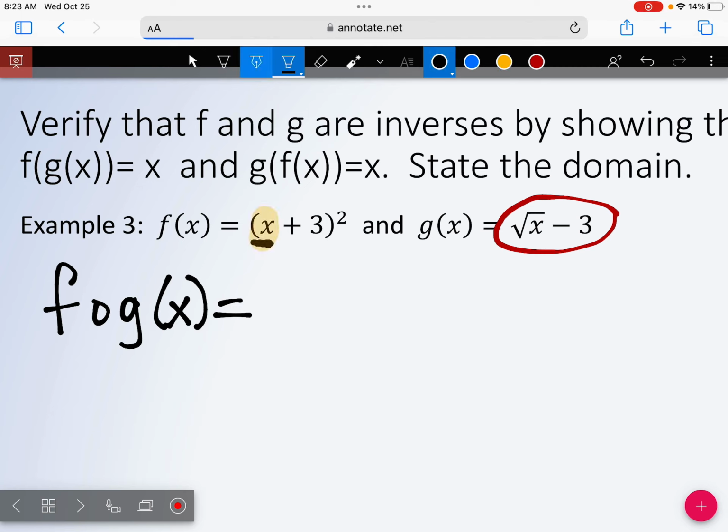So I have parentheses, and then a second set of parentheses, plus 3 squared. I rewrote the f function and put parentheses where my x was. And now inside of the parentheses, let's go ahead and drop in our g function.